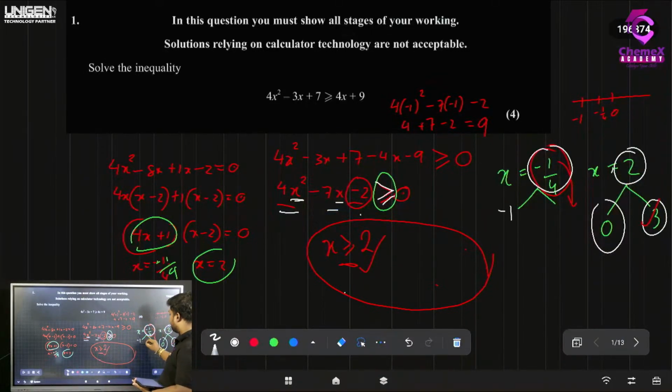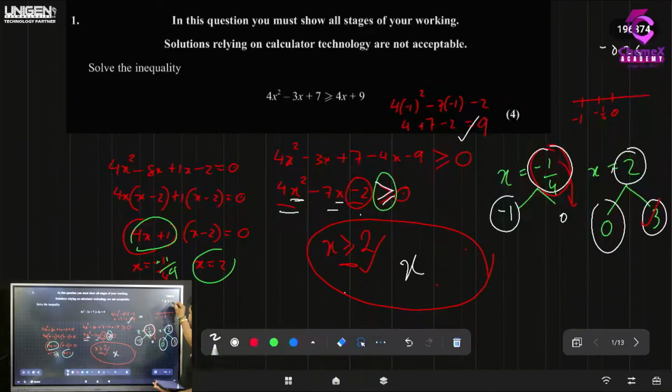So if you take minus 1 and let's say 0, if you take minus 1, it was a positive number. So what should be the sign? Good question. Minus 0.25 or minus 1, which one is larger here? Which one is larger? Nidusha, what is larger? Minus 0.25 or minus 1?